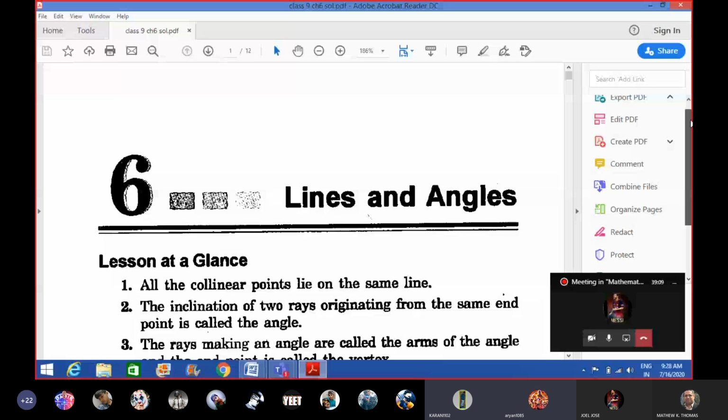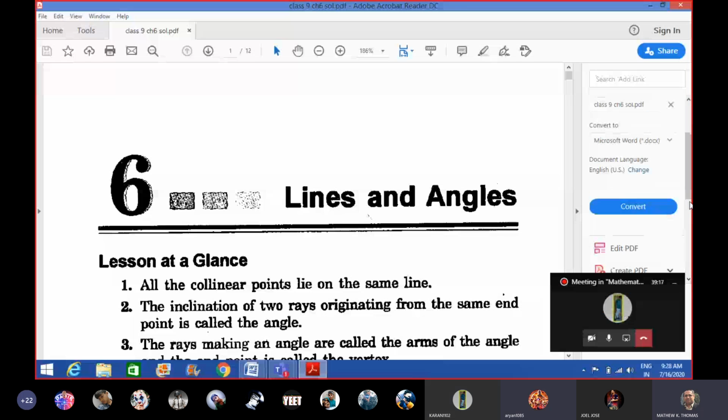Sir, we can see your desktop. Now we can see lines and angles. Yes, sir. Okay.